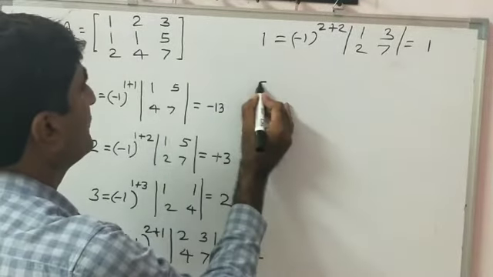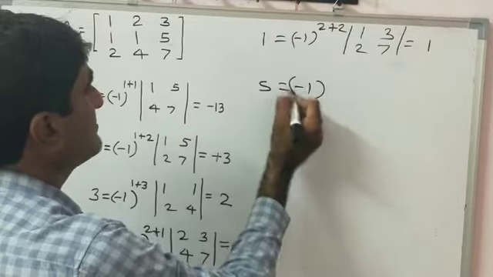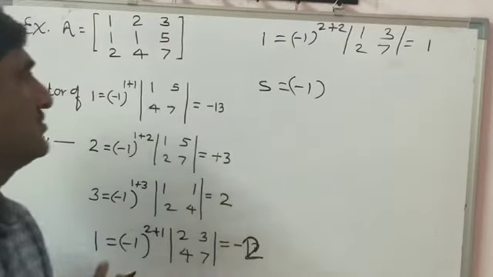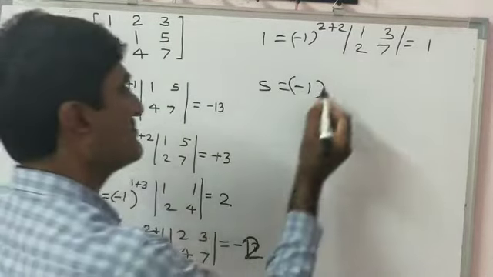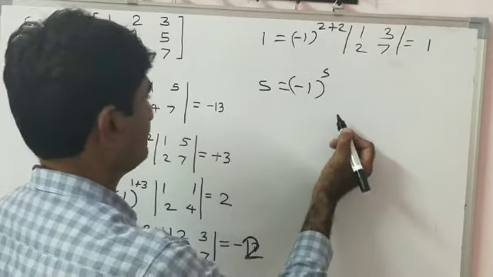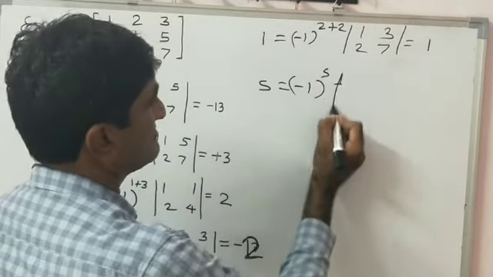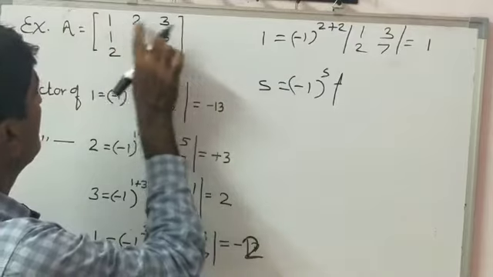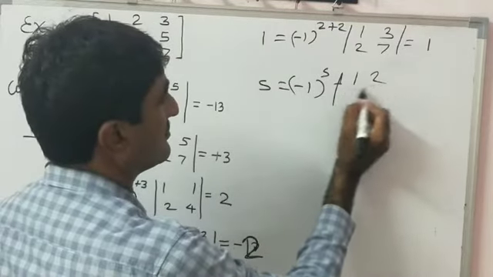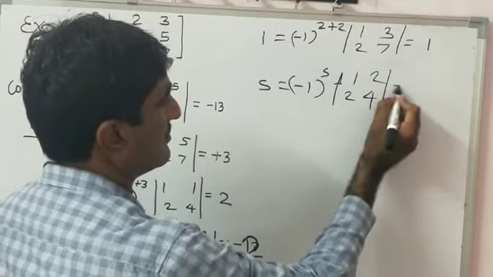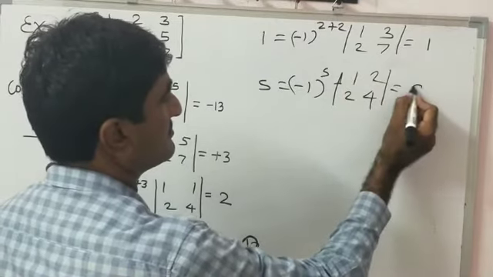Now this 5: (-1) to the power, second row, third column. Its minor is 1 2 2 4, which is 4 minus 4, that is 0.